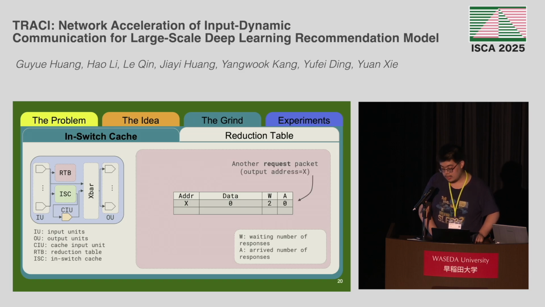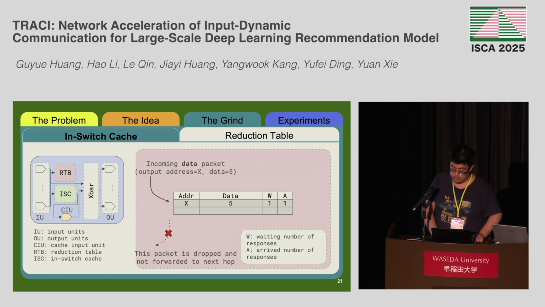Then when another request packet comes, we increase the waiting number to 2. When there's an incoming data packet, we match the address, record the data, decrease the waiting number and increase the arrived number. In this way, we just drop this packet and do not forward it to the next stop until all the data is reduced.